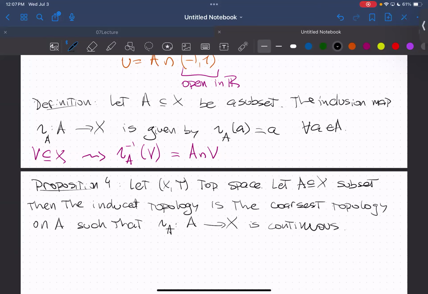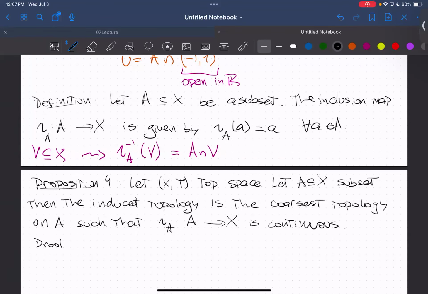And this is somehow telling you there is some universality about this induced topology. It makes sense to consider this one. The proof will, of course, be an exercise for you, but it's easier than the product one. So why is this function continuous when you consider the induced topology? Just because of that. And why is it the smallest? Also because of this.